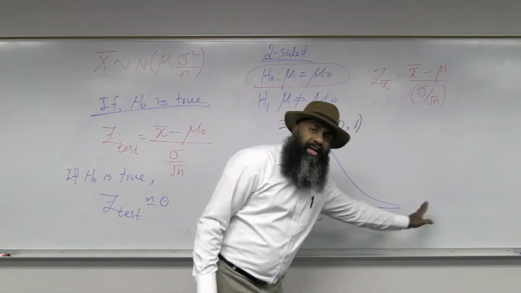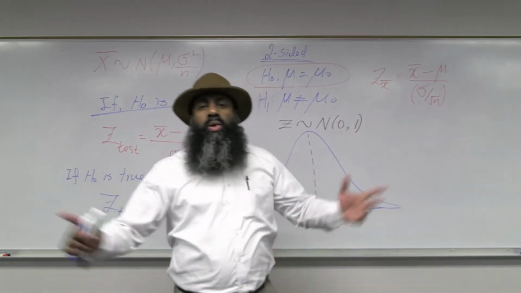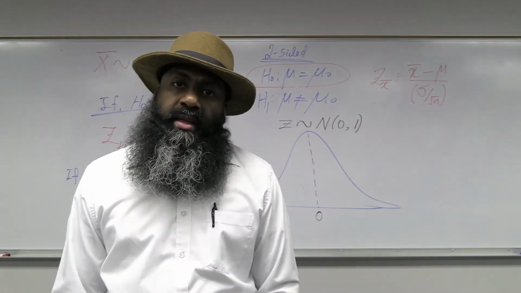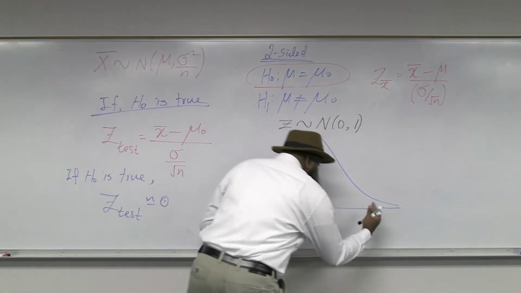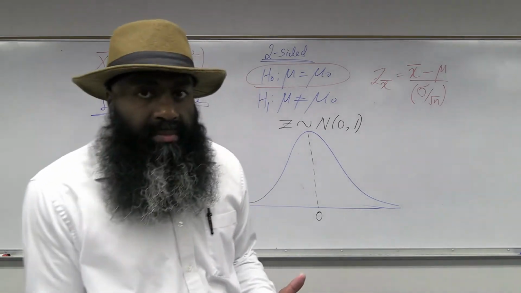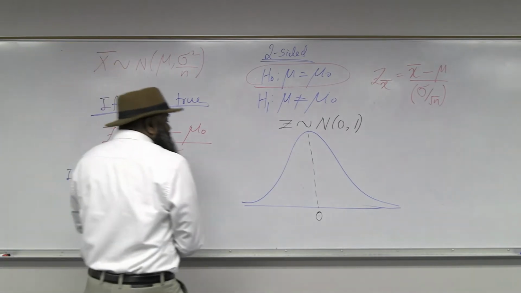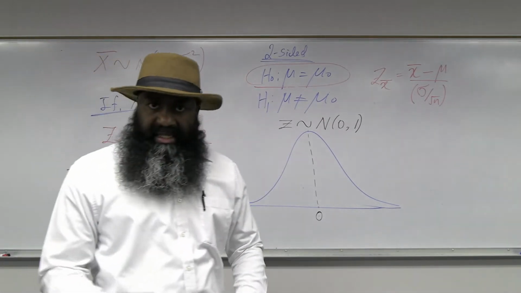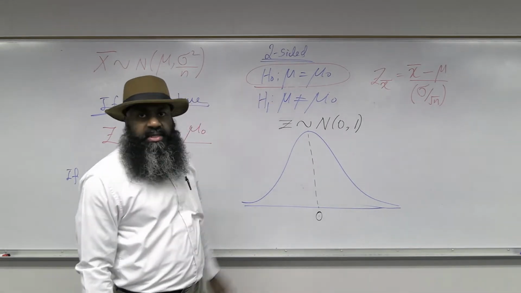Beyond those 2 points, we can say the null hypothesis is no longer valid. As long as your calculated test statistic is within those 2 specified values, I can safely assume that the calculated test statistic is close to 0, which means I can safely assume that the null hypothesis holds true.